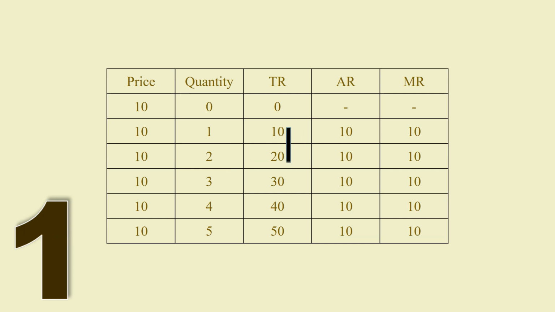Total revenue increases by 10 rupees. Again, when quantity moves up from 2 units to 3 units, the total revenue goes up from 20 rupees to 30 rupees. Once again, total revenue increases by 10 rupees.